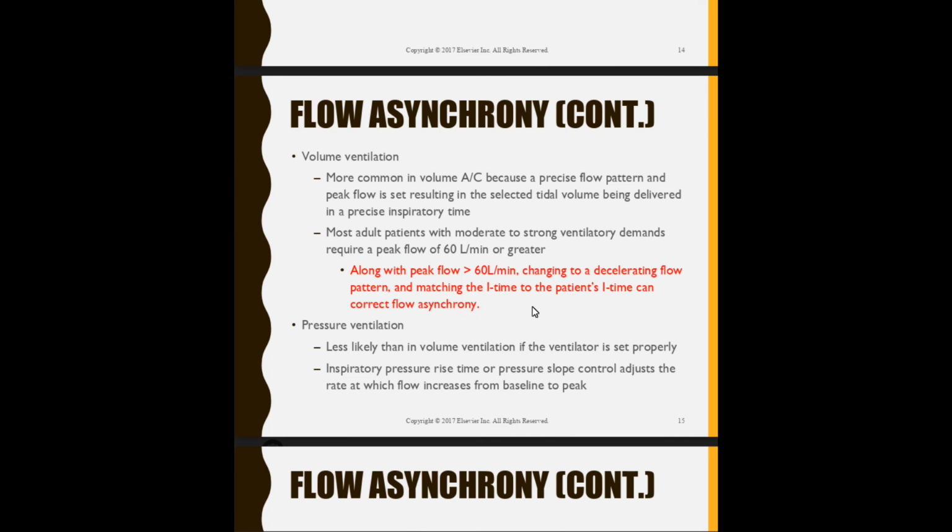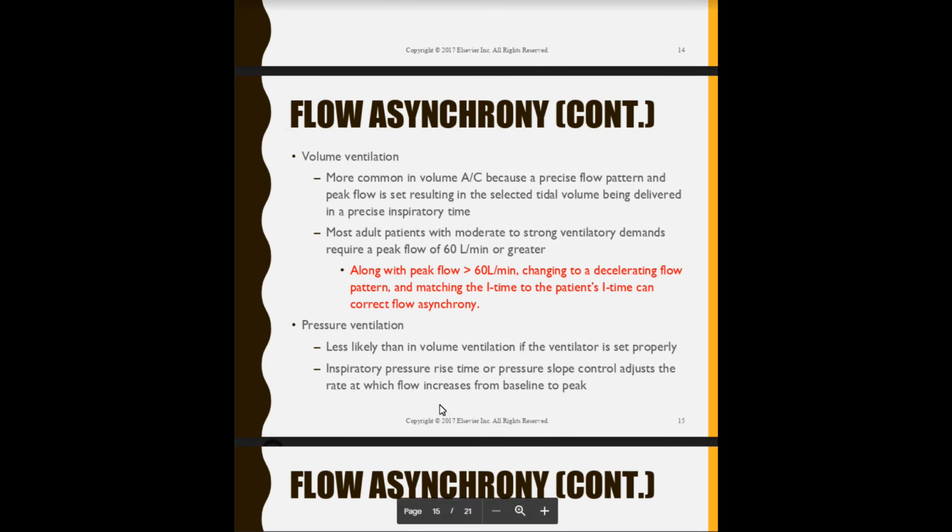And matching the I time to the patient's I time can correct flow asynchrony. So basically, increasing your flow, changing your flow pattern to a decelerating flow, and matching the I time to the patient's I time. Those three things will correct flow asynchrony on volume ventilation.